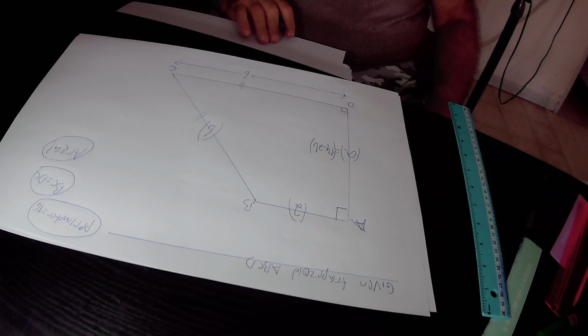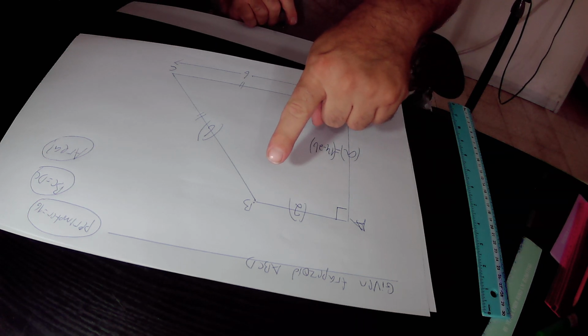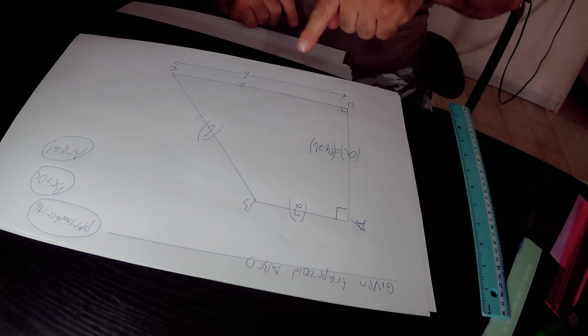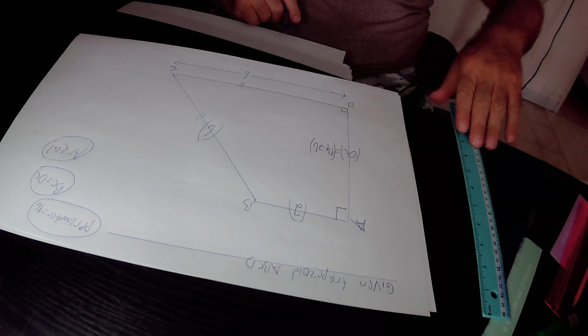In the next step, we will do a construction. That is to say, from the vertex B on this trapezoid ABCD, we will draw a perpendicular on DC.